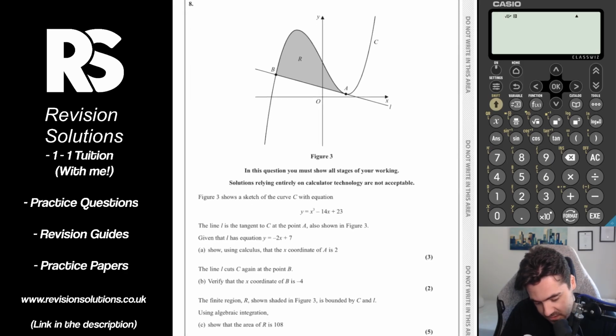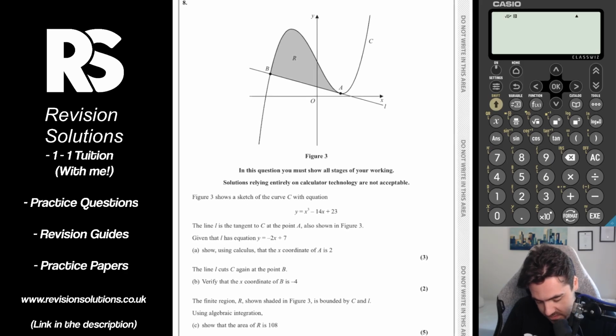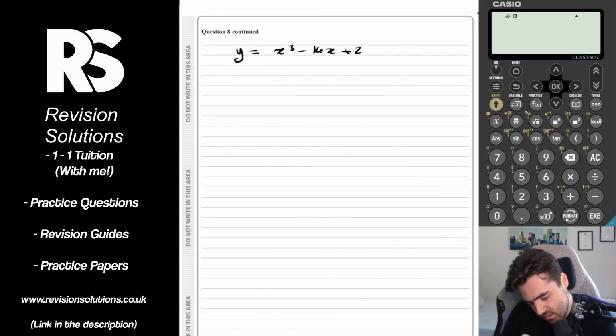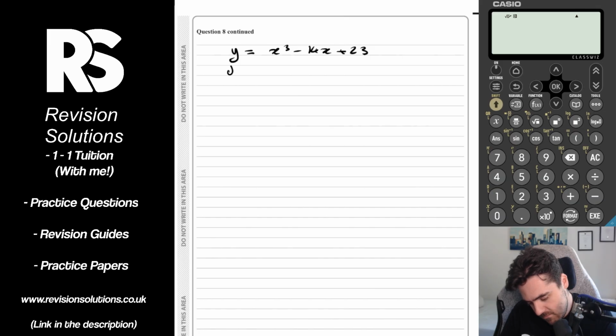So we're going to need to differentiate to confirm that that is the x-coordinate. So if we go to the equation, which is y equals x cubed minus 14x plus 23, then we differentiate to get the first derivative.